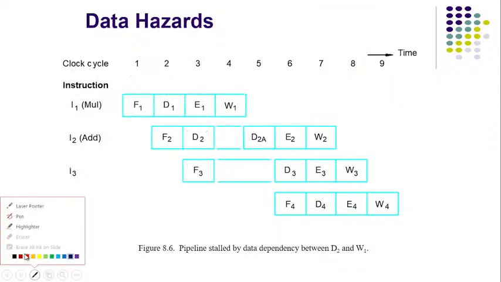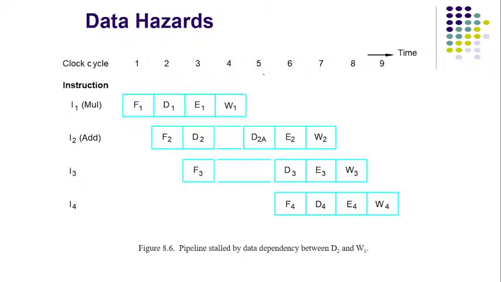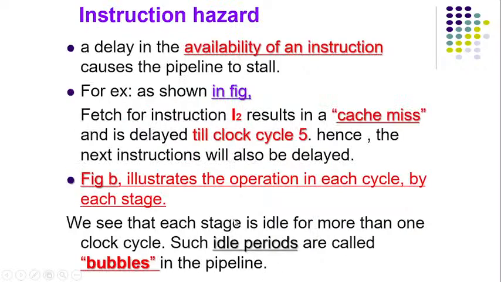At the end of clock cycle 4 we are getting the value of which register, B register. Okay, so after that it performs decoding. So that is a data hazard.